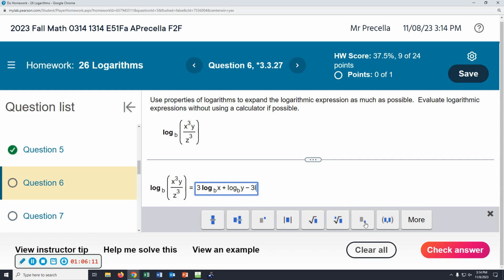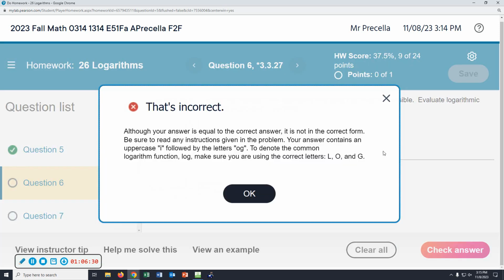Go ahead and type it. Log. Oh, there it bolded. So put subscript b, get out of the subscript, and a z. What do you think? You think they're going to count it right? The only problem is that our log there doesn't look like it's bolded. Maybe you should take a screenshot of it and send it to me.